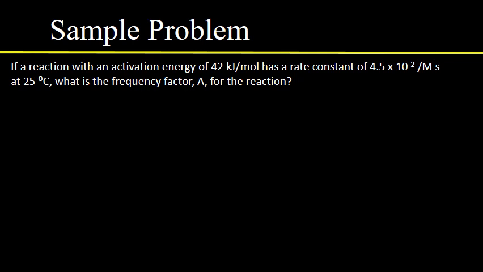So to solve this, we're going to use the Arrhenius equation that we just had. K is equal to the frequency factor times E to the minus EA over RT. Okay. So let's put some things out over here. Need to get some things into the proper units.